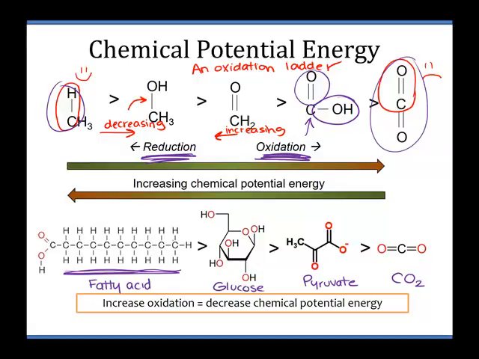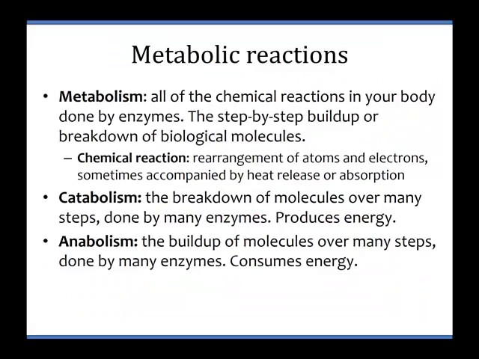Fatty acids have way more chemical potential energy than glucose, look at all those CH bonds. Glucose has a COH bond, a CO bond, another COH bond. Pyruvate, on the other hand, has even less chemical potential energy than glucose, with its C double bond O. That minus can be substituted with an H, so you can mentally add an H to it.